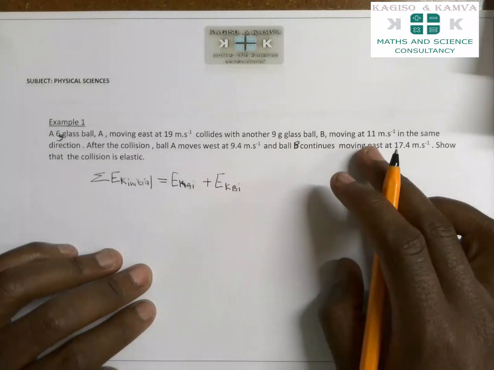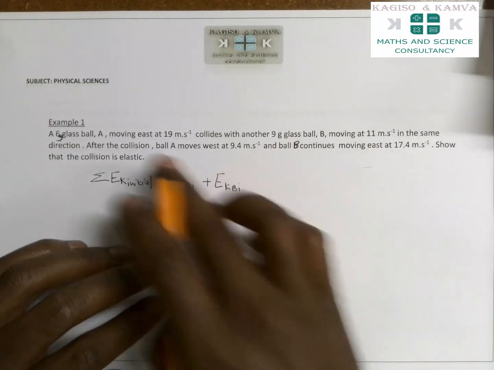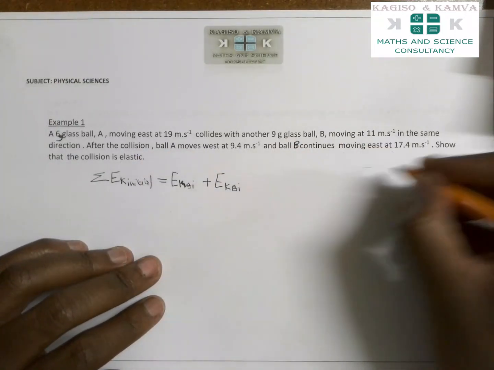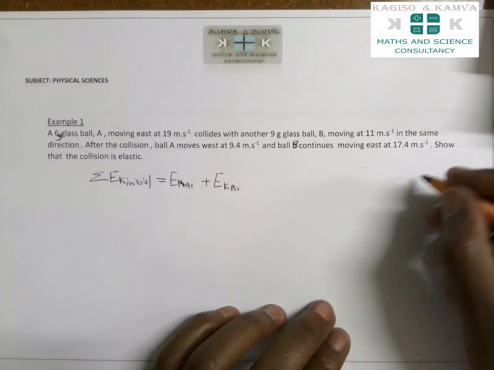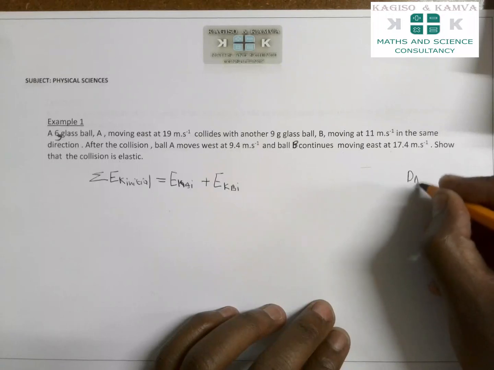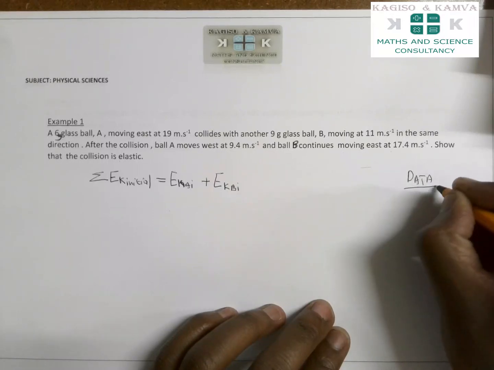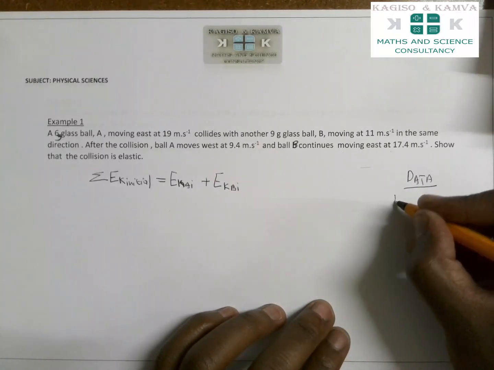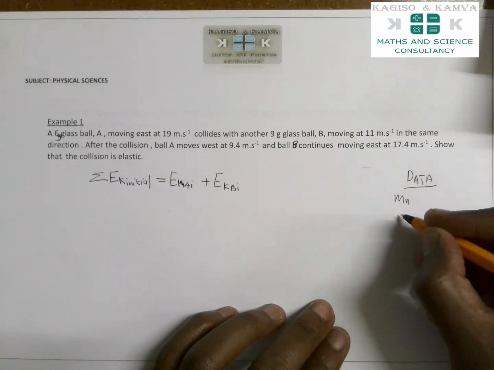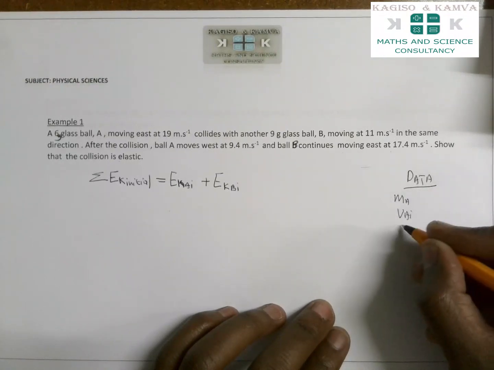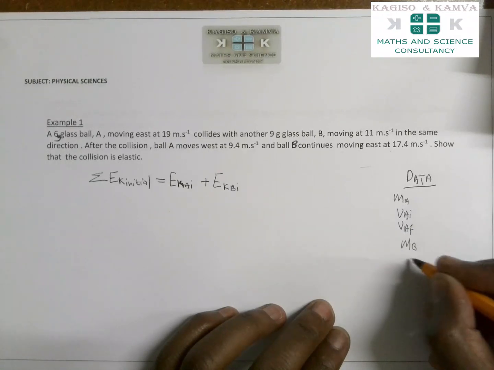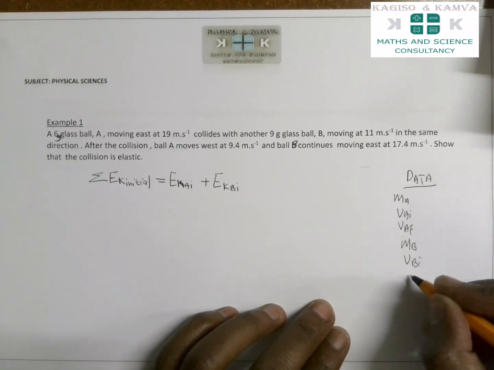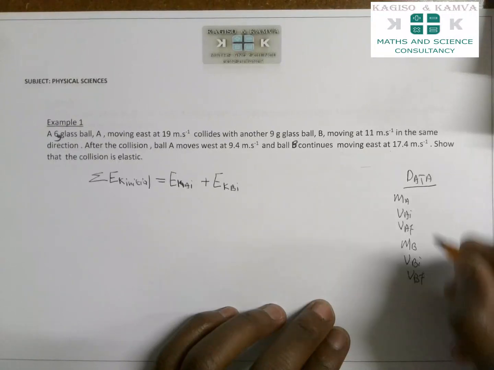But to make things easier, let us first collect our data. What do we have? We've got the mass of A, velocity of A initial, velocity of A final, mass of B, velocity of B initial, velocity of B final.